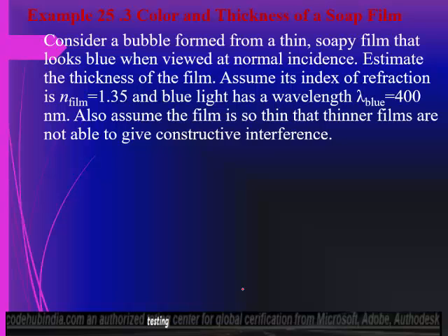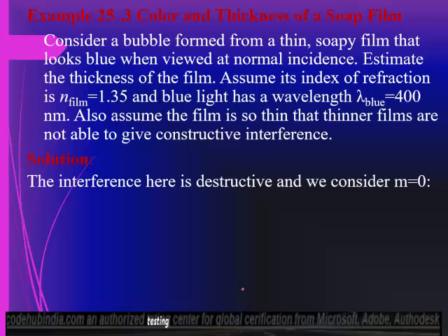Consider a bubble formed from a thin soapy film that looks blue when viewed at normal incidence. Estimate the thickness of the film. Assume the index of refraction of the film is 1.25 and blue light has a wavelength of 400. Also assume the film is thin, so that thinner films are not able to give constructive interference. The interference here is destructive, so we consider m equal to 0.